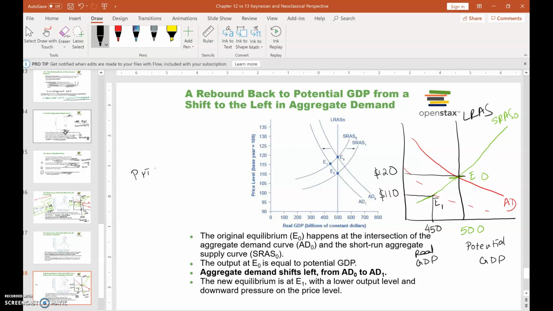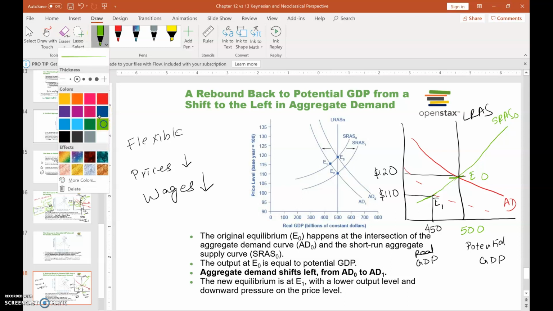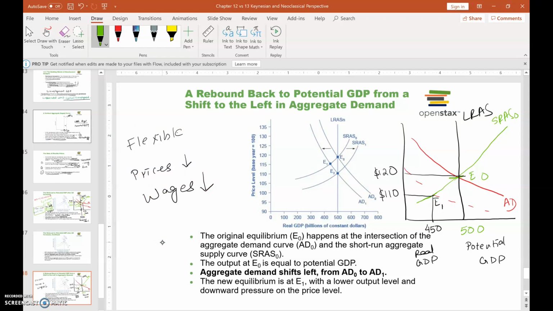So I have prices which went down, and we have flexible prices in this model. When prices go down, wages are also going to go down. What happens when wages go down? When wages are down, it's cheaper to produce more goods, and the aggregate supply curve is going to shift to the right.